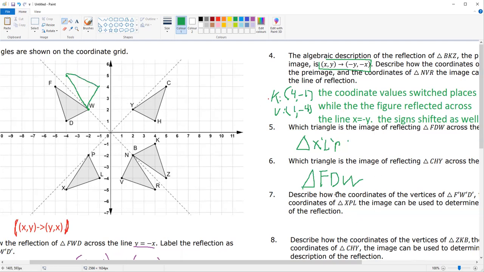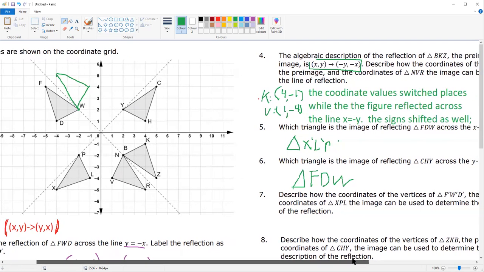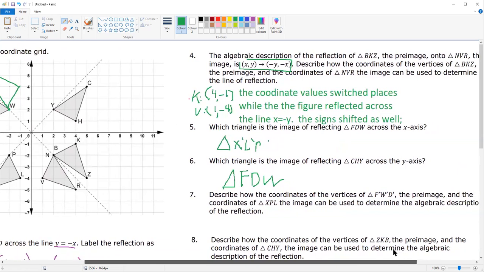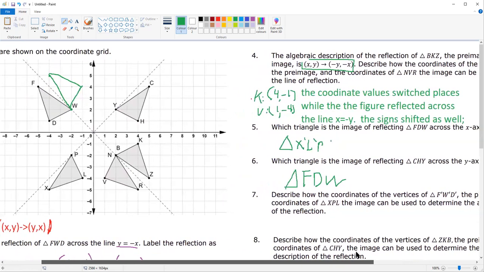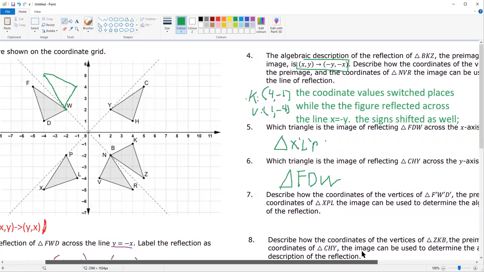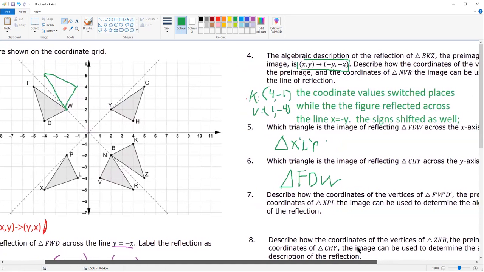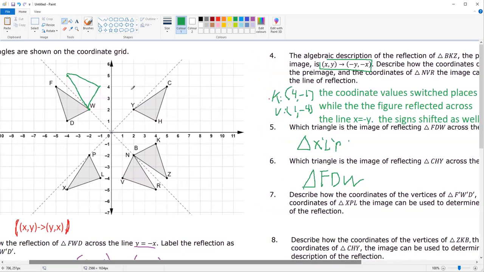Describe how the coordinates of the vertices F prime, W prime, and the others can be used to determine the algebraic reflection.